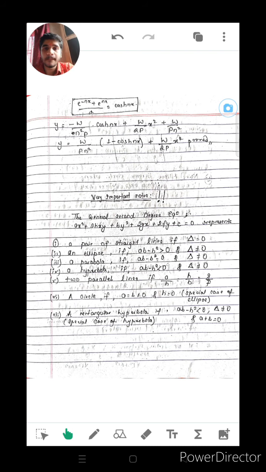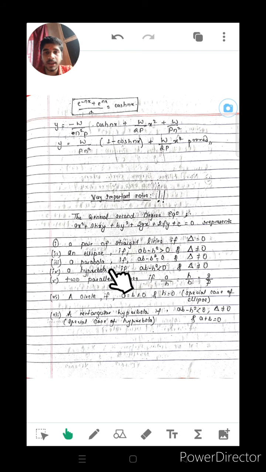For conics, we have a general second degree equation: ax square plus 2hxy plus by square plus 2gx plus 2fy plus c equals 0. It represents a pair of straight lines if this determinant equals 0, and an ellipse if ab minus h square is greater than 0 and the determinant is not equal to 0.